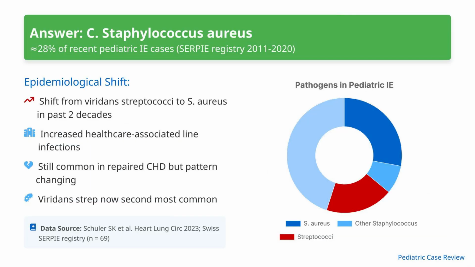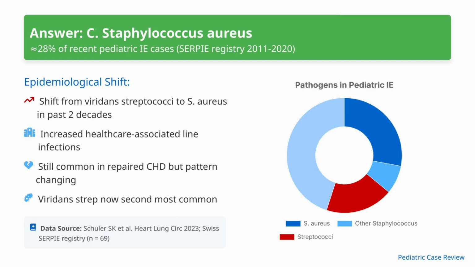The correct answer is C. Staphylococcus aureus, which accounts for approximately 28% of recent pediatric infective endocarditis cases, according to the Swiss SRPIE registry, from 2011 to 2020. We've seen a significant epidemiological shift over the past 2 decades, with Staphylococcus aureus replacing viridans streptococci as the most common pathogen.